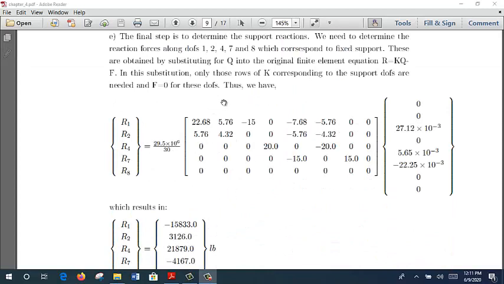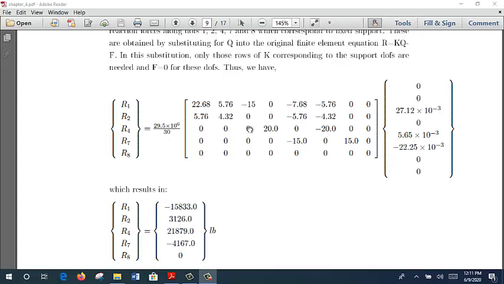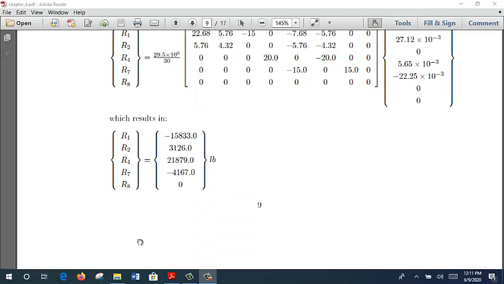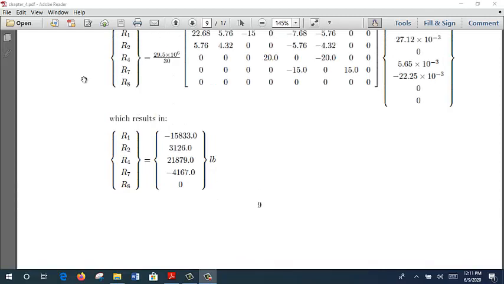Alright, so this is 5 by 8 times 8 by 1, so you will get 5 by 1. So this is very straightforward mathematics. So we get the result for the external force acting on the bar equal to this one. I prefer for you to try, and then you will see whether you get the same results or not.